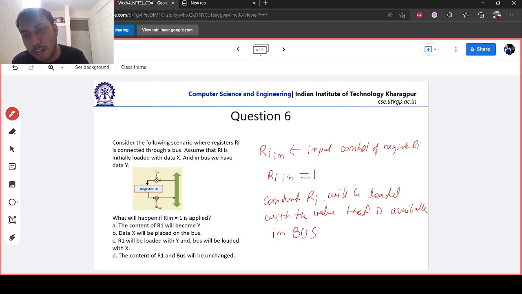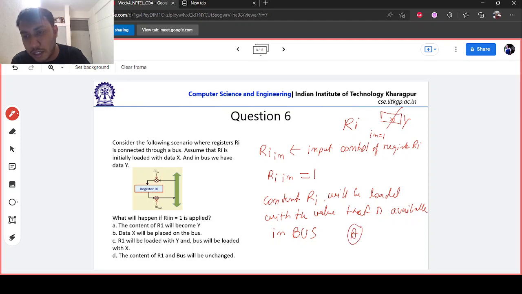Currently the value that is available in the bus is Y. So when the control signal Ri in becomes 1, the content of Ri will become Y. Currently the value stored in Ri is X, so when Ri in becomes 1, this value will become Y. So option A is correct.